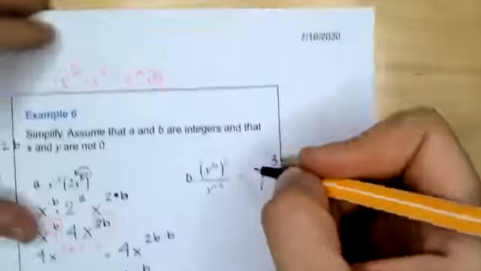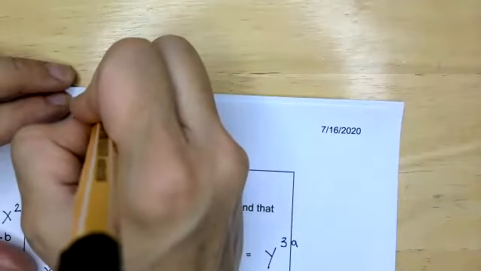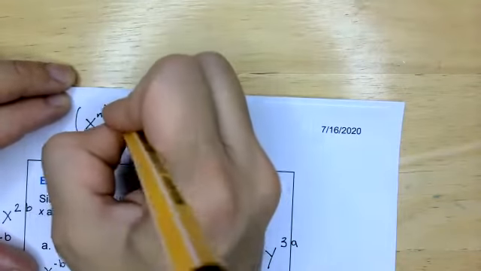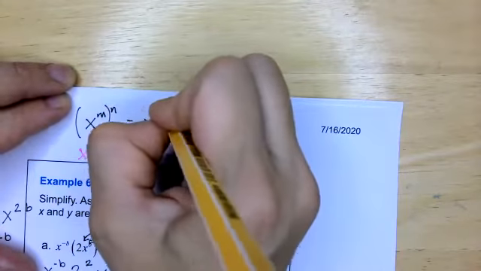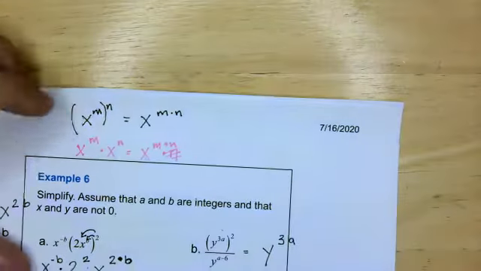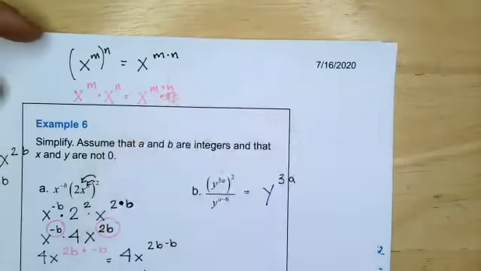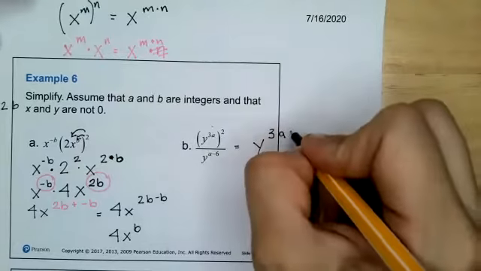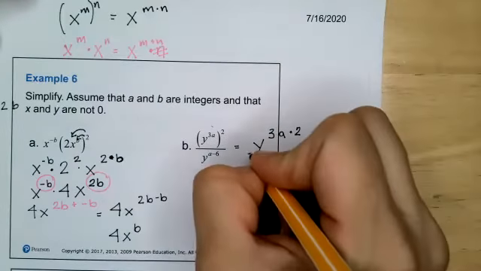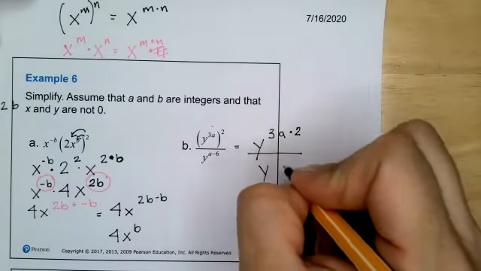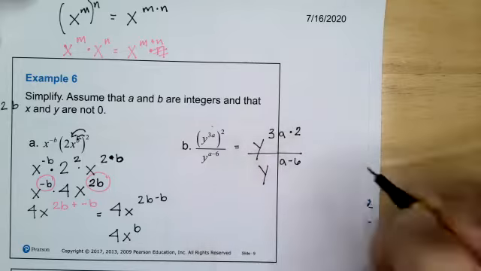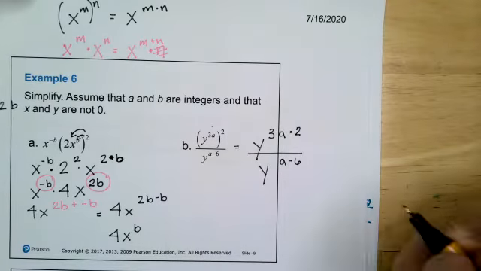And when you have x to the power of m raised to n, you're multiplying them, right? You've seen me make that mistake right here. I added them instead of multiplying. You're multiplying them. So it's 3a times 2 over, and there's nothing to distribute here, a minus 6. Good.